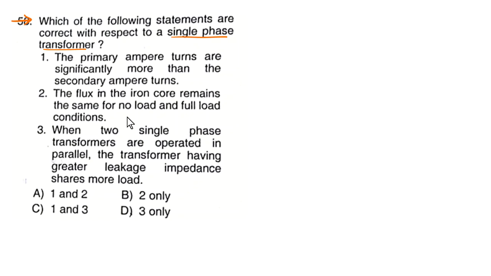We need to choose the correct statement here. The primary ampere turns are significantly more than the secondary ampere turns. Actually in a transformer, ampere turns in the primary should be equal to ampere turns in the secondary. So this is a wrong statement.